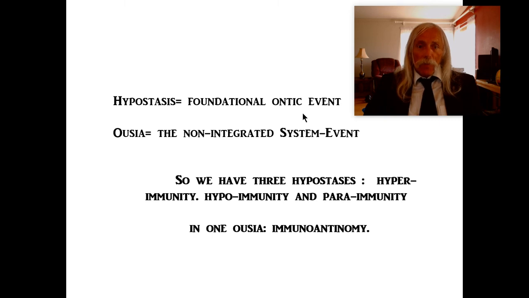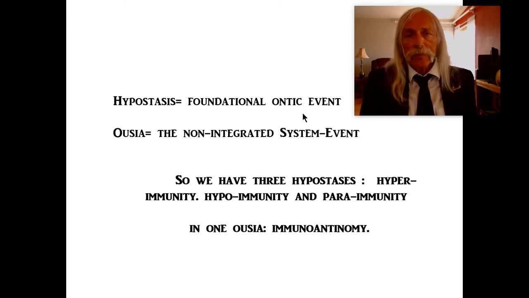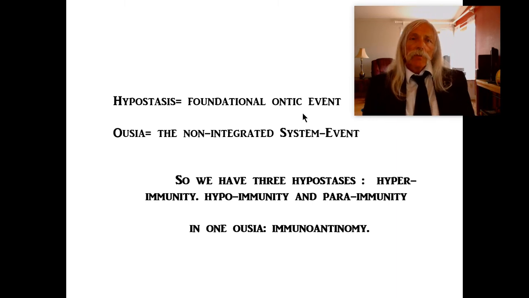What you end up with in the one ousia, remember, it itself exists without parts, is an immunoantinomy, which means it goes against the law. Antinomous, against the law, Latin. And so an immunoantinomy means that the whole system breaks down, right? Because your immune system is now compromised because it is an antinomy to the system. It does not function any longer when you have a corruption of those hypostases.